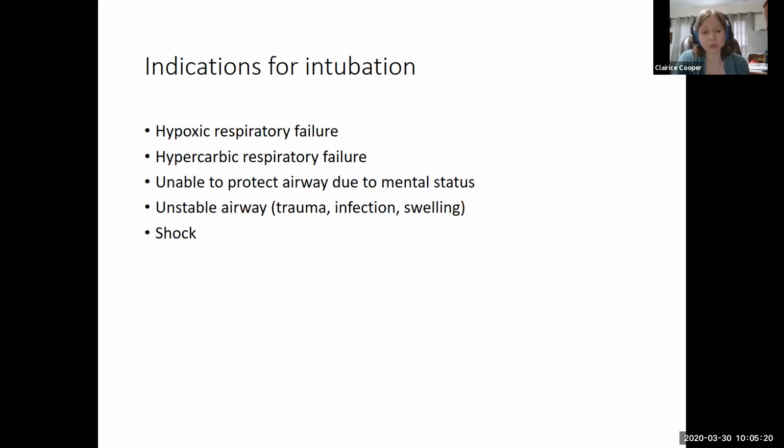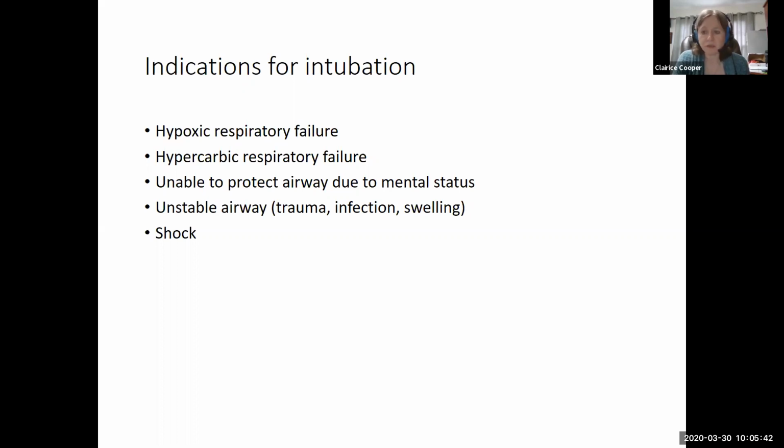And lastly, shock is probably one of the most common reasons that we intubate patients in the surgical population. As a patient goes into shock for whatever reason, again, the cells are hypoperfused. They kick over to anaerobic respiration, which creates a lactic metabolic acidosis.